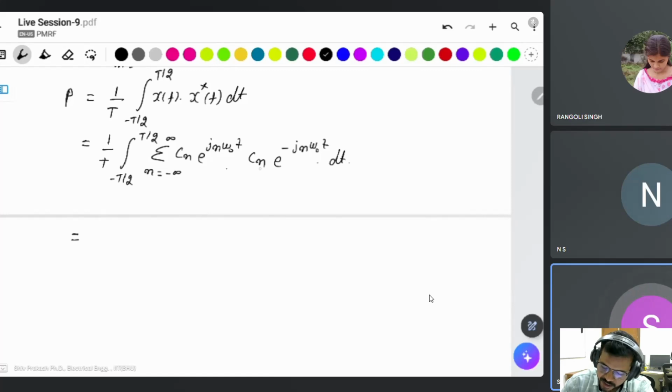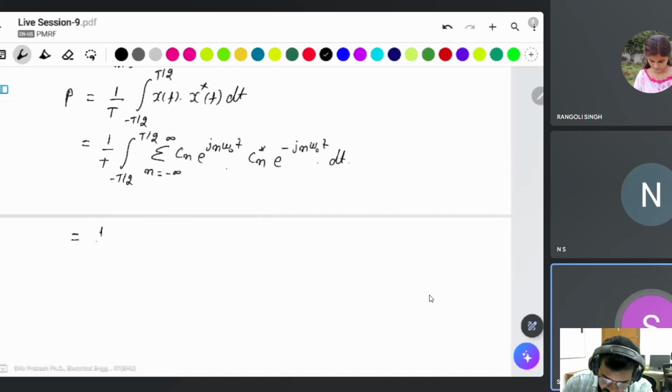The complex conjugate of C minus n is Cn, or you can write the complex conjugate for Cn. Cn is a constant value, so you can take it common from the summation.